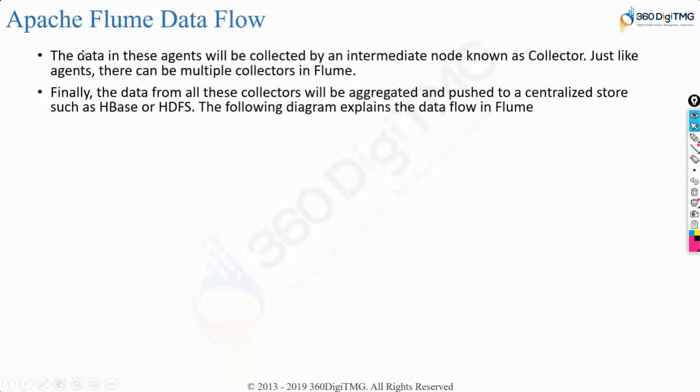The data in the agents will be collected by an intermediate node called a collector. We have something called a collector also, which is basically storing this information. It's just like an agent; we call it a collector.